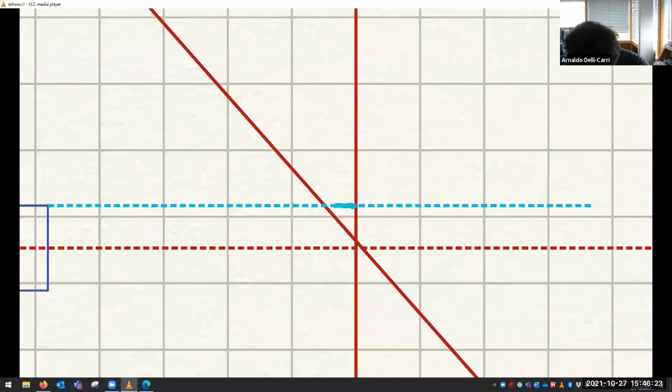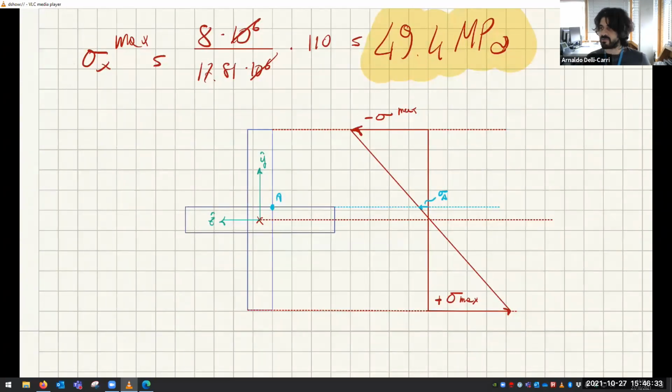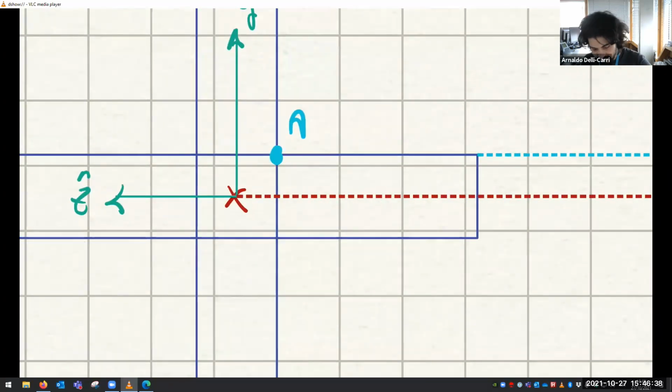This one is sigma A. This is the stress associated with that point. So you can calculate very easily because you can just take this distance. This one is the y coordinate of A.